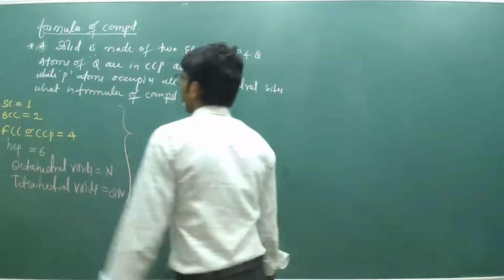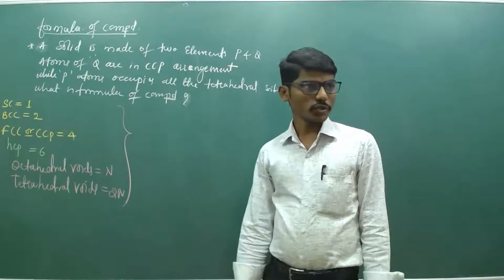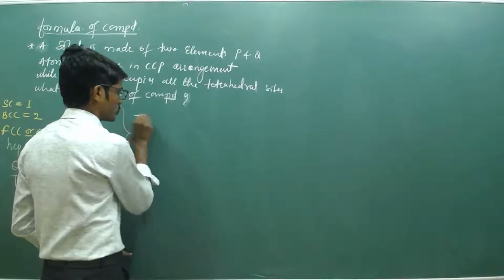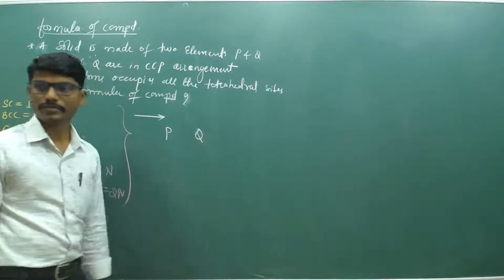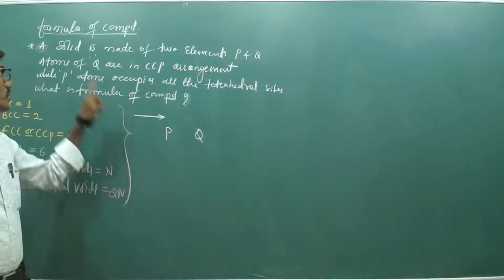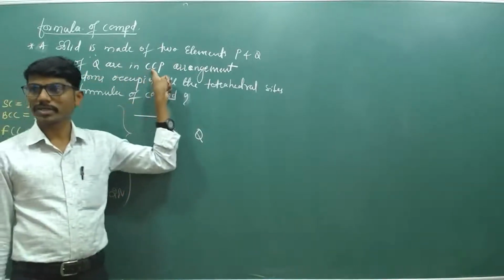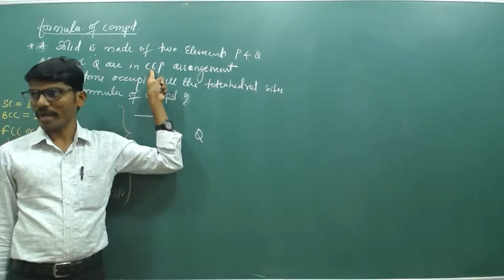Now, come to the problem. A solid is made up of two elements, P and Q, and it is given that atoms of Q are in CCP, cubic close packed structure.